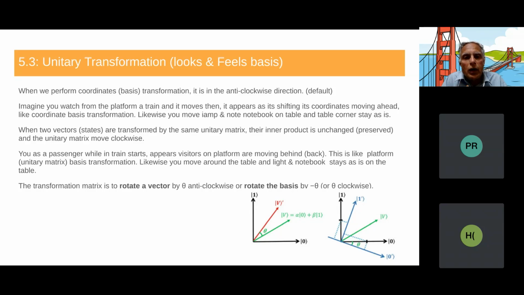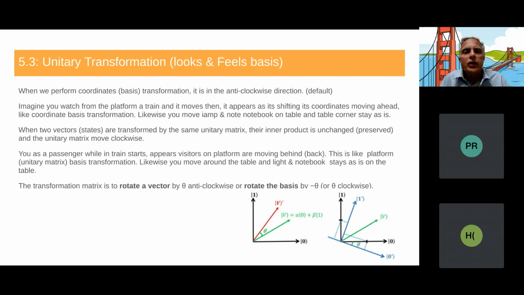Likewise, you can move your lamp or a notebook on your table. If you move it from one place to another, it doesn't mean the table's shape is going to change. If your table is square or rectangular, it will remain as is, right? The only thing moving is the notebook or the lamp on the table.